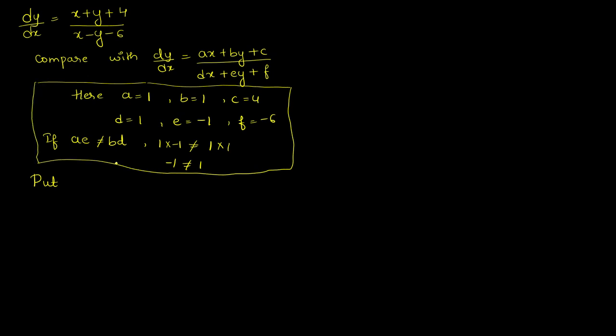Now in order to solve this equation, we need to put x is equal to capital X plus h, where h is a constant, and small y is equal to capital Y plus k, where again k is a constant. Let us consider this as equation 1. So we need to differentiate this.